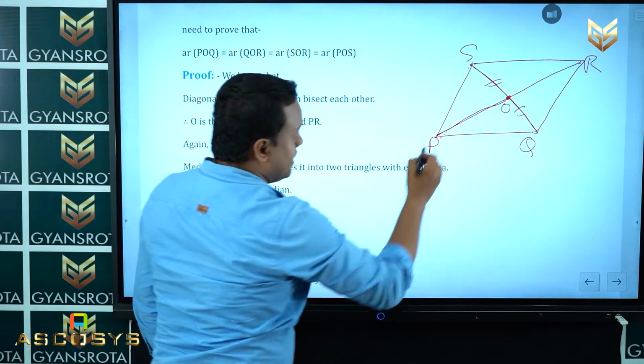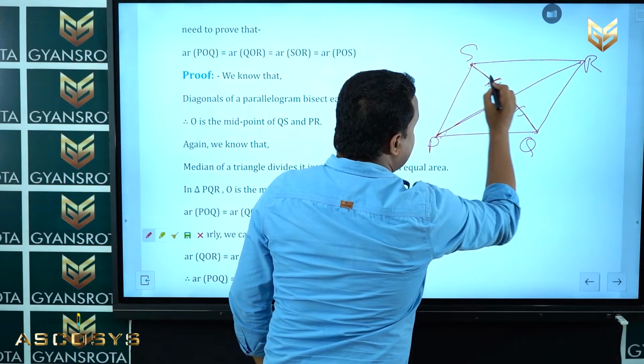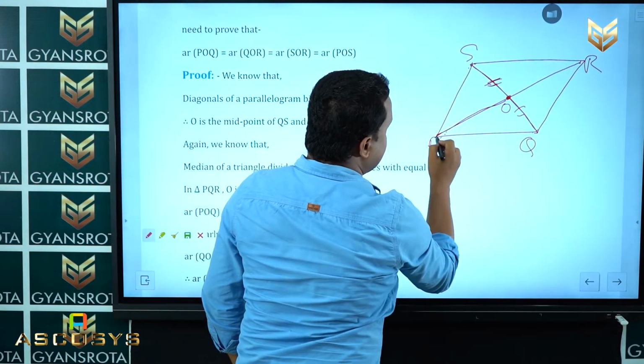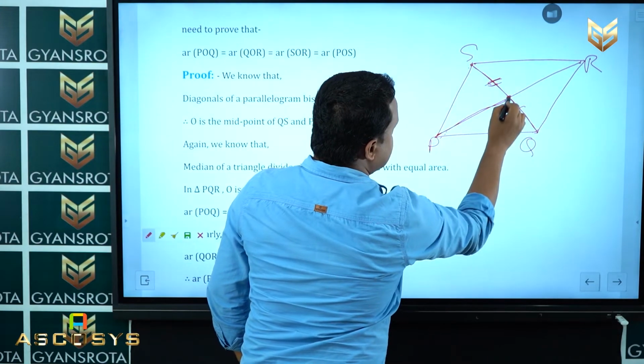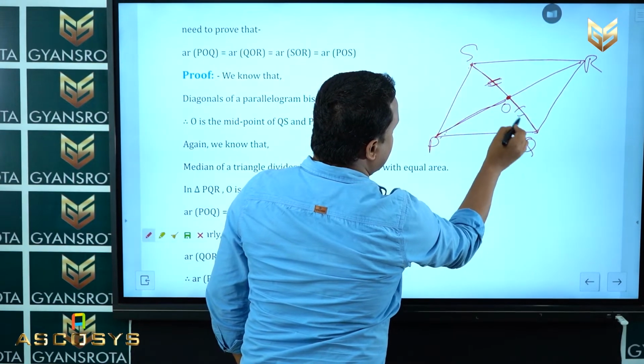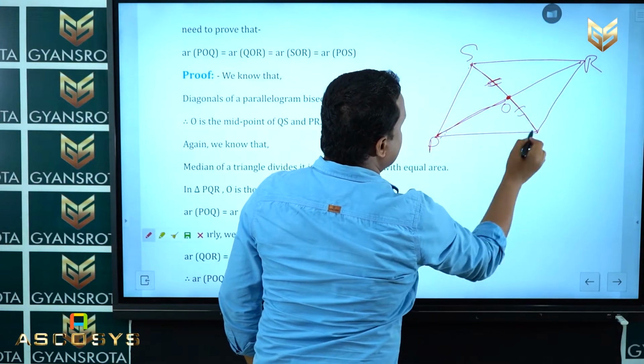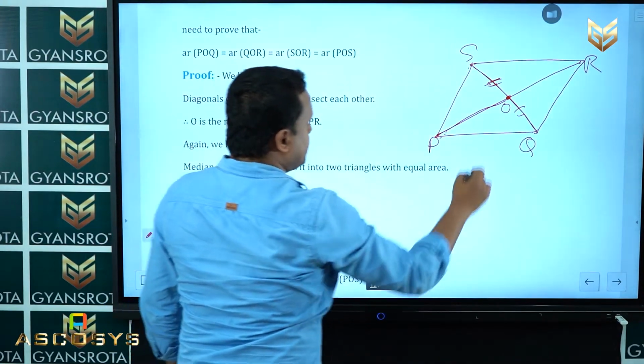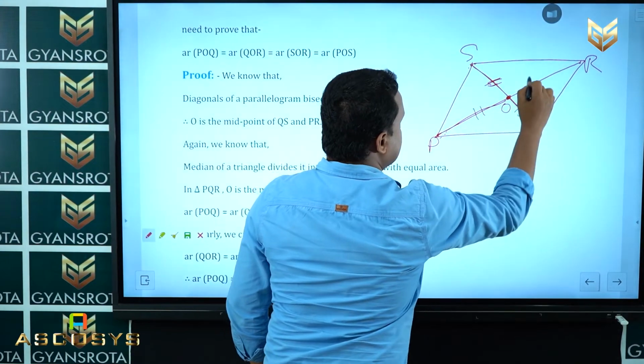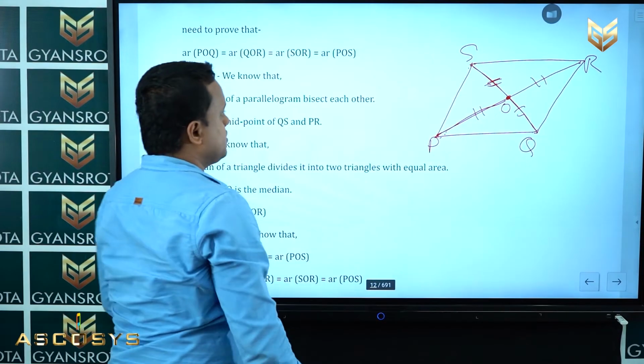That means these are also the medians of the triangle SPQ. OQ is the median of triangle PQR. So these are nothing but medians of these triangles.